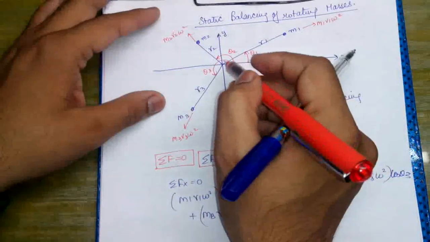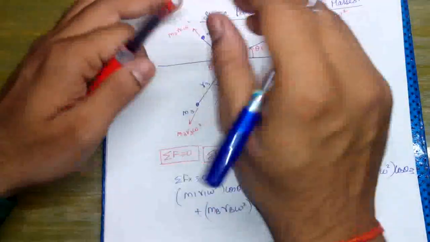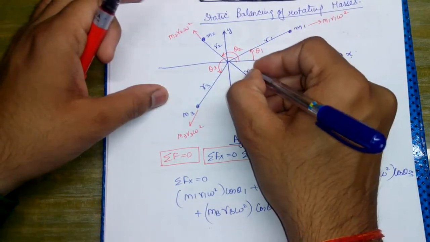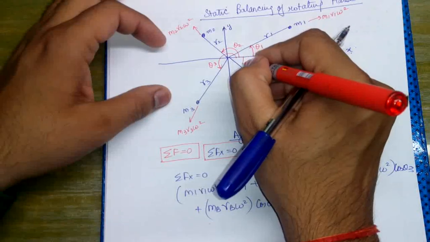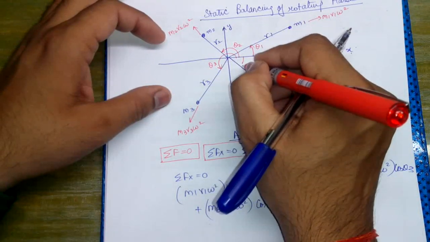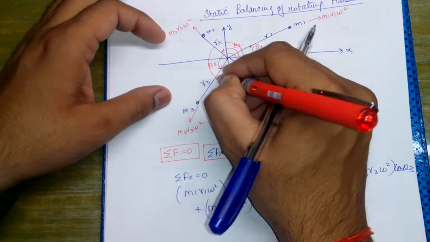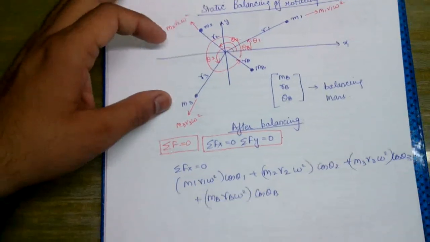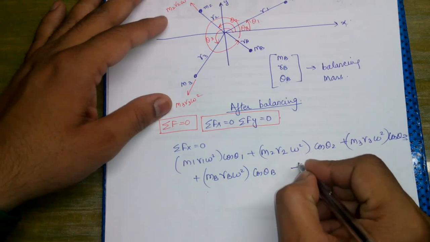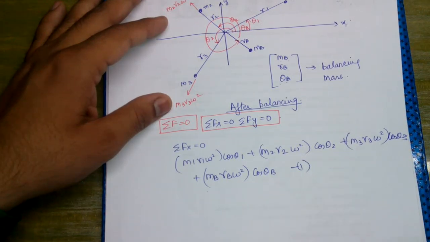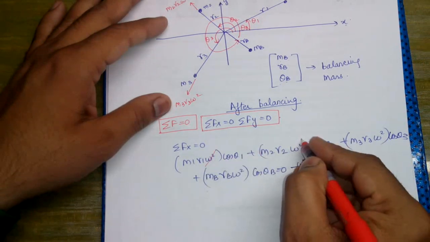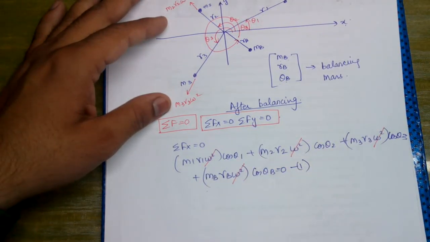Here we have added an arbitrary mass mb at a distance rb, at an angle theta b. So this was our first equation. This is equal to 0, so we will eliminate omega square from all these terms.